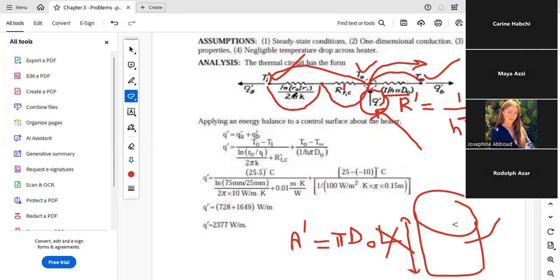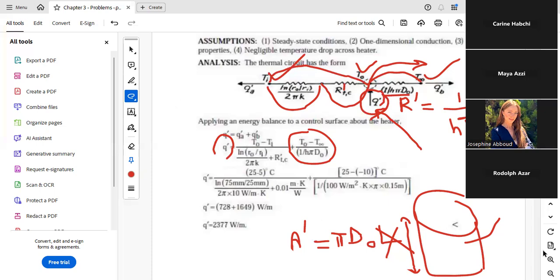Now, if they ask you, for example, what is the percentage lost, what is the percentage dissipated by convection, you can evaluate this term. If you evaluate the convective flux per unit length and you divide it by the total one, you can find what percentage will be convected out and what percentage will be conducted to the inner side.